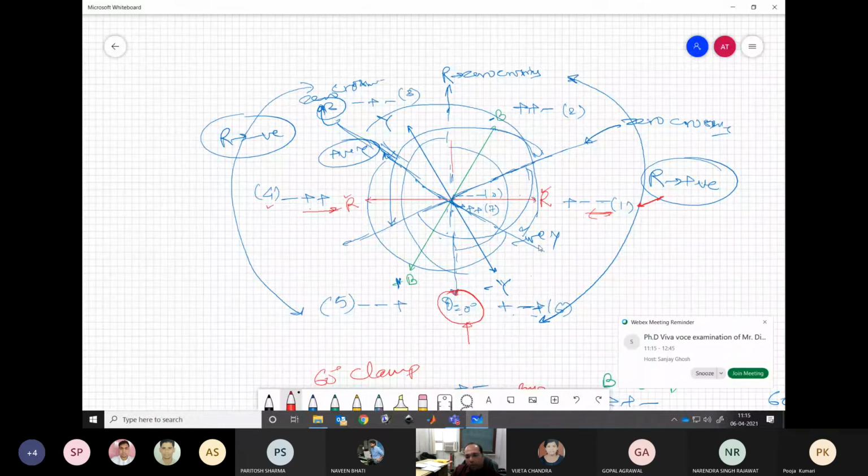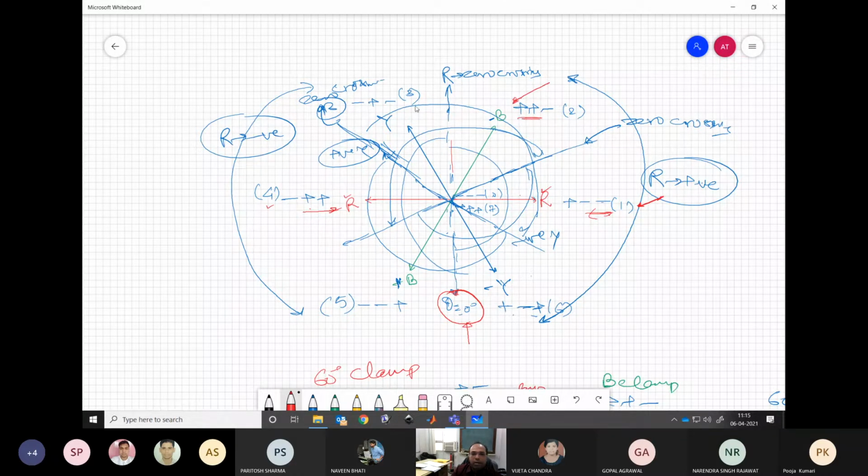Similarly, other phases also have peaks at different points. For example, B phase will have its negative peak at this point, Y phase will have its positive peak at this point, then B will have its positive peak at this point, and Y will have its negative peak at this point. These are the different locations at which different phases attain their peak value.